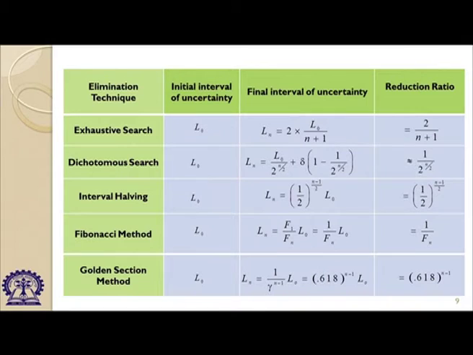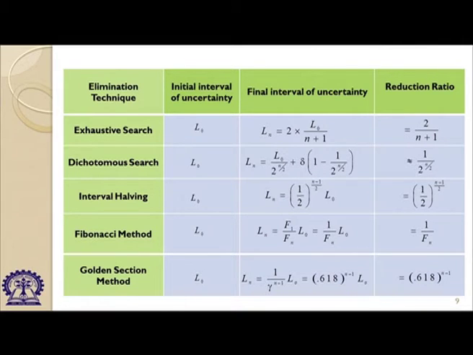For the Fibonacci method, we have seen that ln by L0 is 1 by Fn. We found this before because we considered ln is equal to F1 by Fn L naught, that is equal to L naught by Fn.